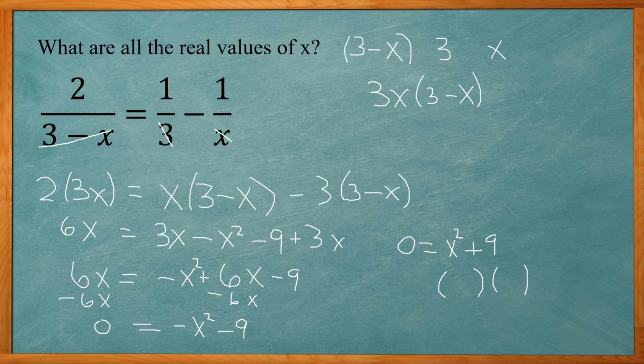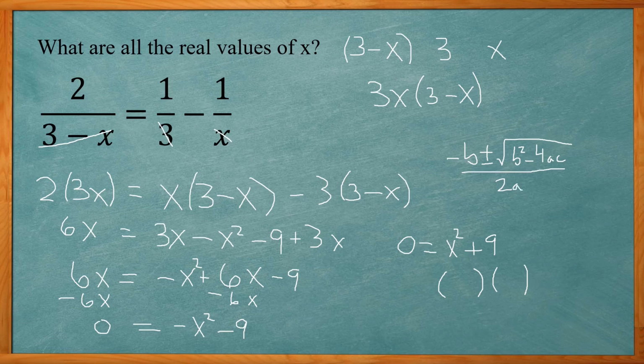If I try to do the quadratic formula, that's negative b plus or minus the square root of b squared minus 4 times a times c, divided by 2a.